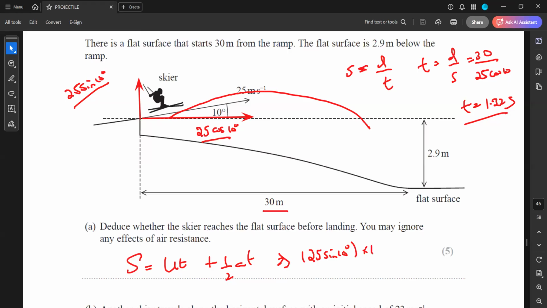Multiply by the time, 1.22 seconds, minus 1 by 2 times the acceleration, 9.8, because we ignored air resistance, times 1.22 squared. What is the final answer for the displacement?